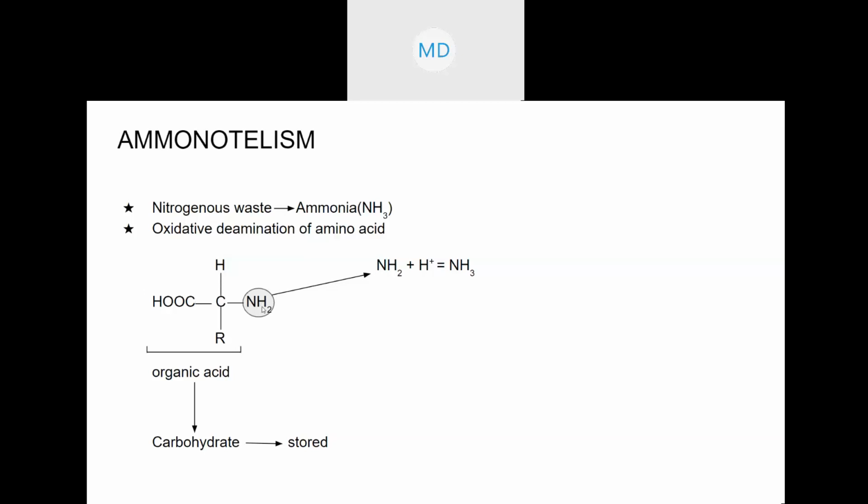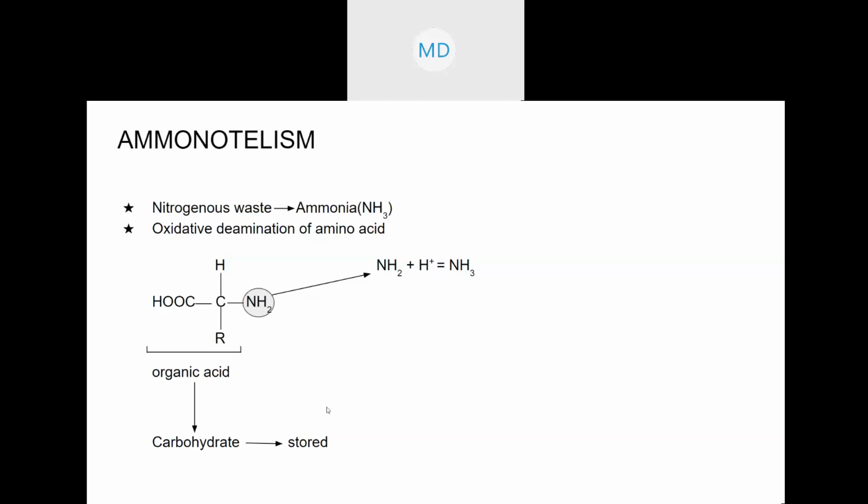When this amino group separates from the amino acid, the rest is known as the organic acid. The organic acid will be stored in the body in the form of carbohydrates. Then this amino group will take up one hydrogen and form ammonia. So this is how ammonia is formed in our body.